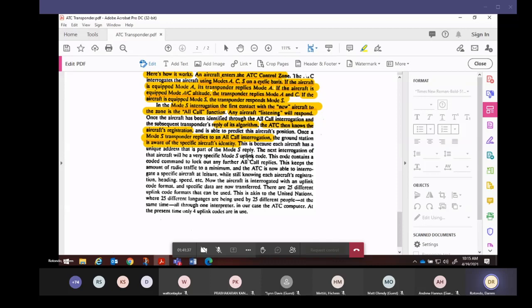They already know who you are. Okay, and again, this is because all mode S transponders have a unique address that is initiated by the external strapping on the radio tray.